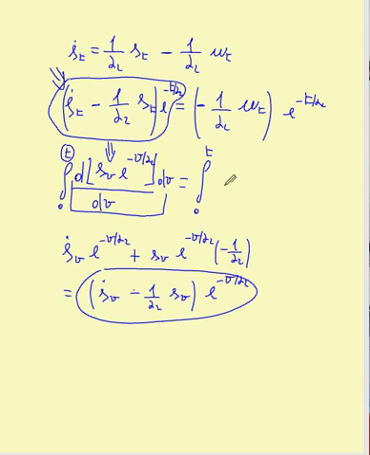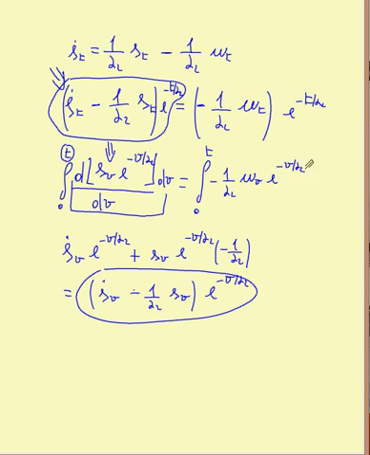The second part is the integral between 0 and t of minus 1 over alpha 2, which multiplies omega v, because now time is v, e to the power of minus v over alpha 2 in dv. This is the other integral. So now, how we can compute the first integral? It's quite easy, because differential and integral are inverse functions. dv and dv simplify, okay?